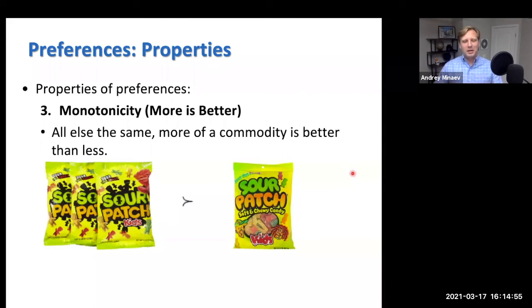Okay, so monotonicity is another important property. It is going to hold for many, many preferences that we discuss in this class, but sometimes it is going to be violated. So not all preferences are going to be monotonic.